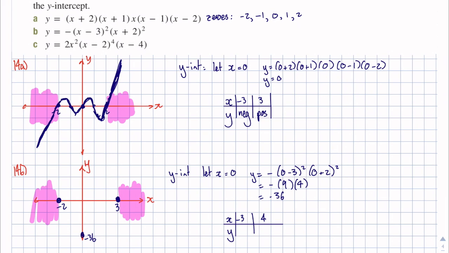Okay, so if we have y equals 0, -3, take 3 squared, -3 plus 2 squared, well that's going to come out as a minus times a positive times a positive because they're both squares. So it's going to be negative. And we're going to have exactly the same kind of deal going on with +4. Because this is a minus times a positive times a positive, it's going to be a negative as well.